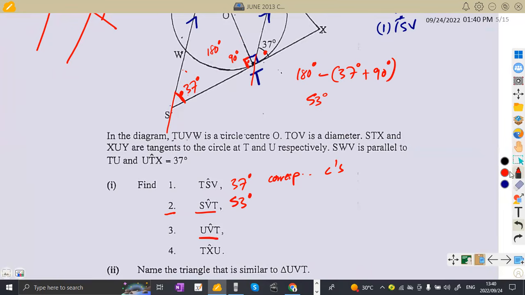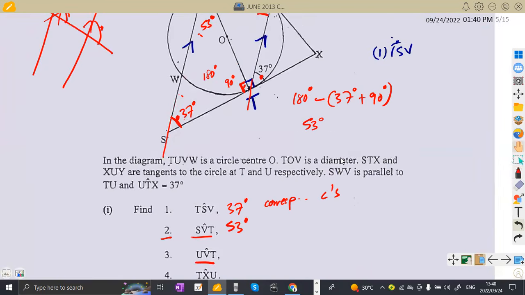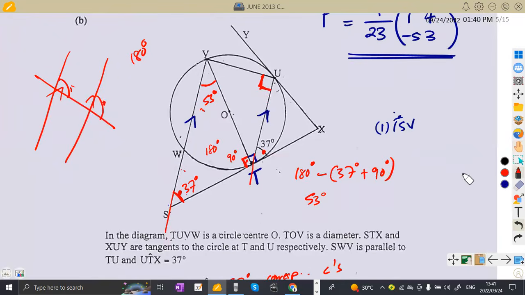Then we've got UVT. Let us cross-check, UV to T. So this is the angle that we need, UVT, this angle here. Okay, from the tangent TX and the chord TU, we've got an angle in between, the angle between a tangent and a chord.